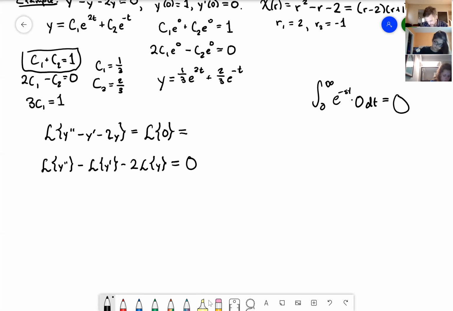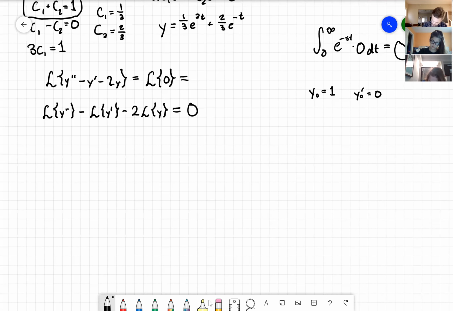Now, let's use our newly created theorem to figure out what the Laplace transforms of each of these derivatives are. Oh, I want to copy down y(0) equal to 1, y'(0), because I'm going to scroll them off the screen. I don't want to lose them.